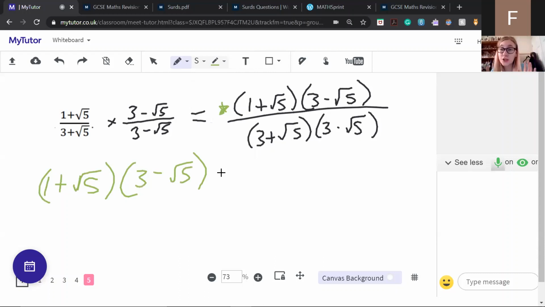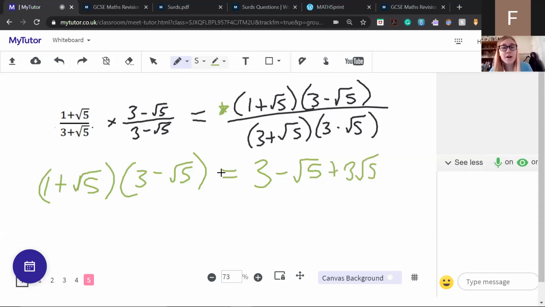Now, this we're just going to do by the FOIL method, like we did when we covered quadratics. We're just going to make sure that we multiply each element by every other element. So we see 1 times 3, that's 3. So that's front, outer. 1 times minus root 5, that's minus root 5. 1 times it is just itself. 3 times root 5 from that middle two, so that's plus 3 root 5.